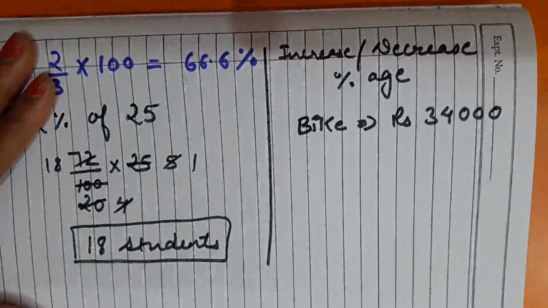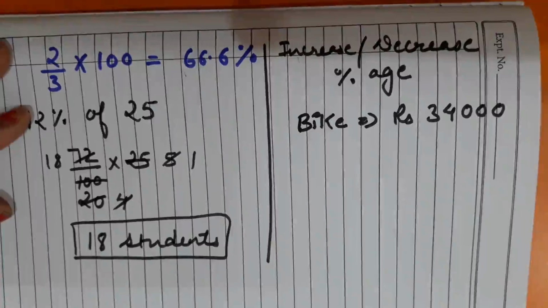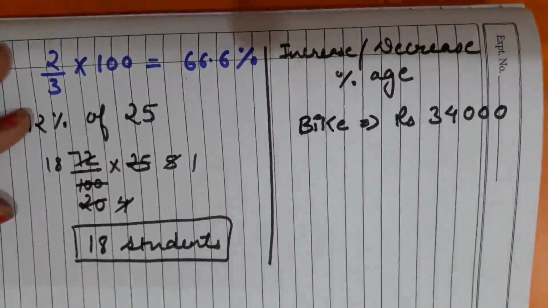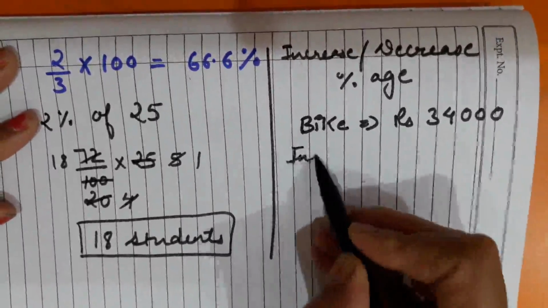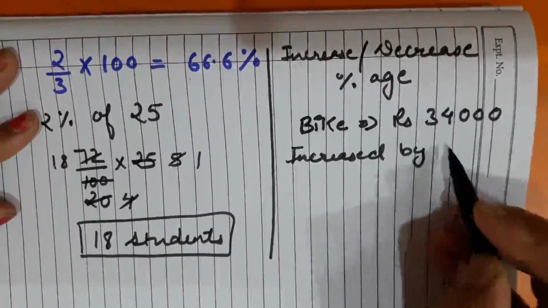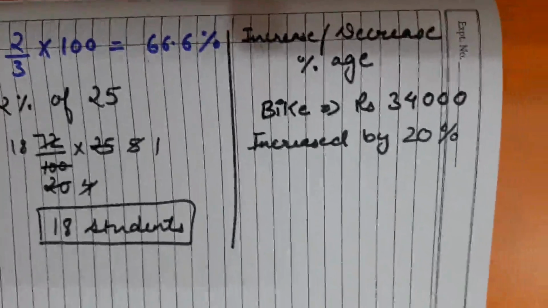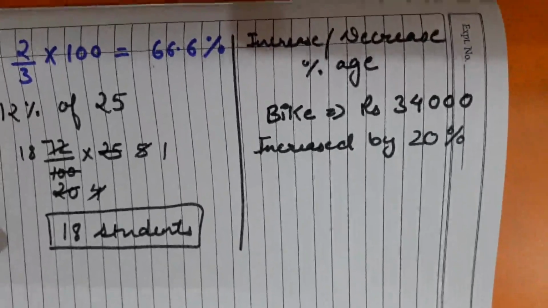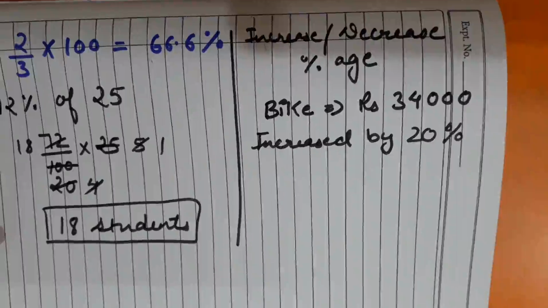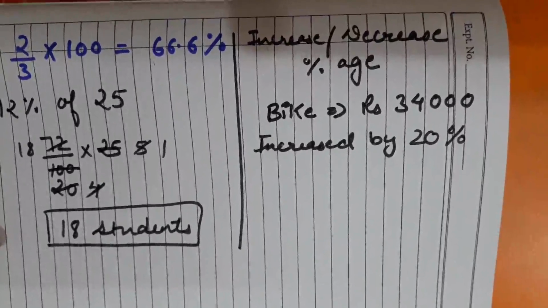Now I'm saying that this year the bike price is increased by 20%. So what will be the new price of the bike this year? We need to find that.